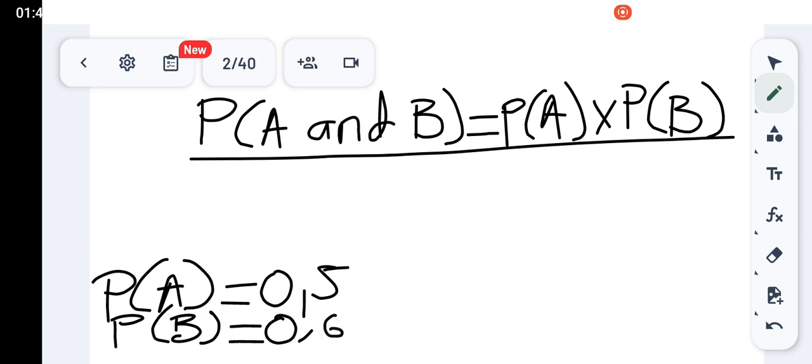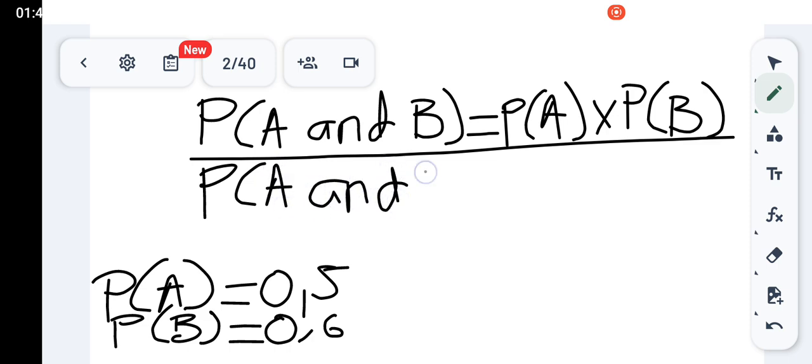Let's not waste time. We know that the two cameras are independent, so we can use this independent event formula to calculate probability of A and B, since the two events are independent.